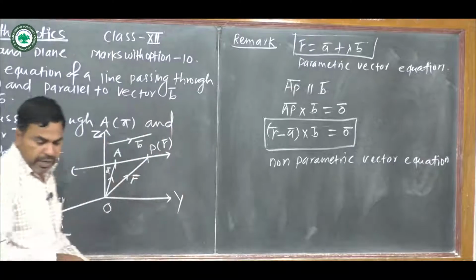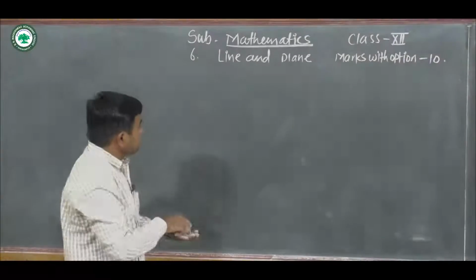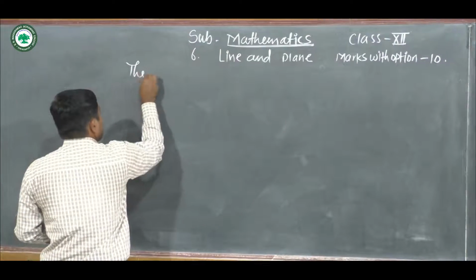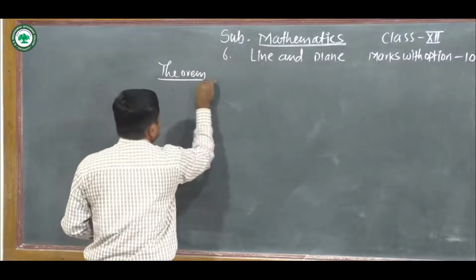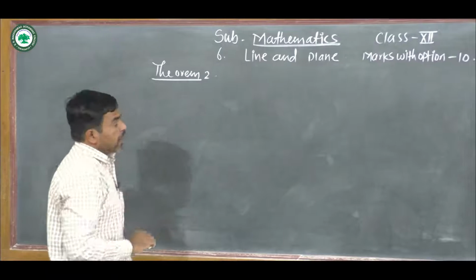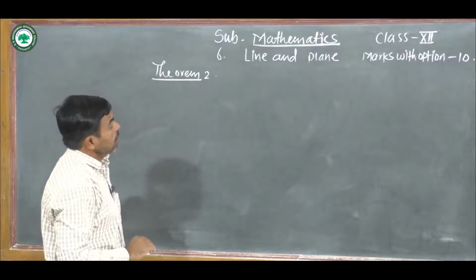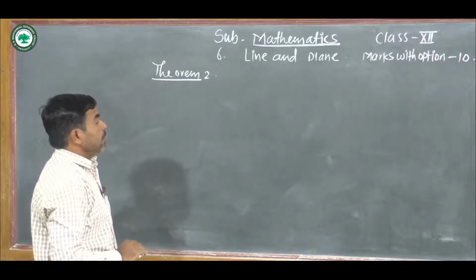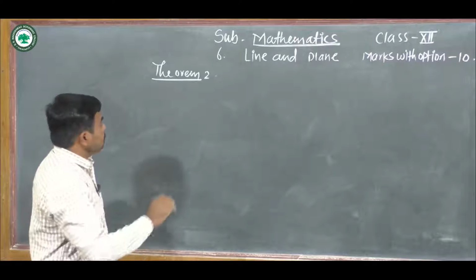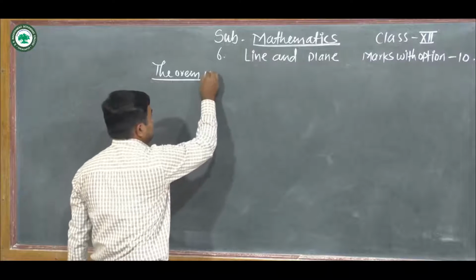So let's see the next theorem. Now in this theorem 2, we have to find out the equation of a line passing through the given point and having direction ratios. That means we have to find out the Cartesian equation in theorem 2.